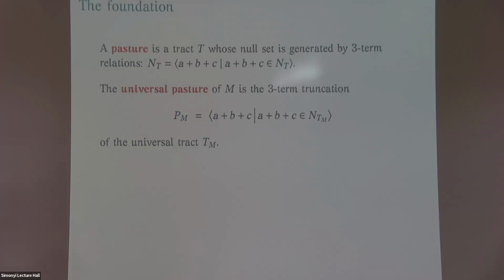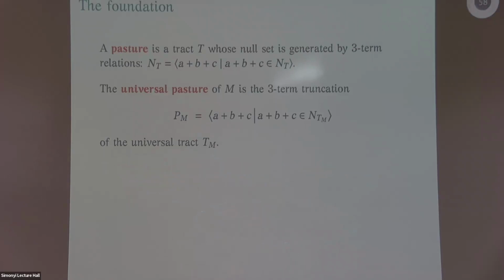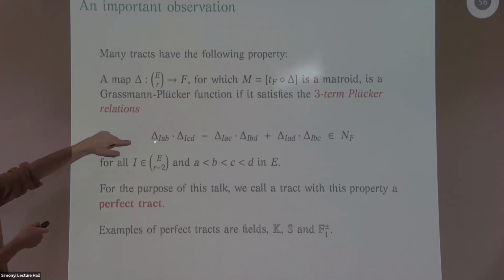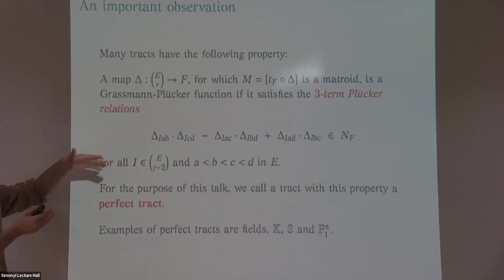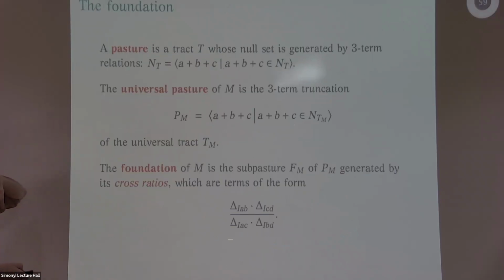And then there's one more thing that we can do. Namely, we can look at the subpasture, which is called the foundation, which is generated by cross ratios, which are expressions like this. Sorry for going back. We're taking two terms of the Plucker relations and we divide them. So we take the ratio of two of these terms, which is something like this here.